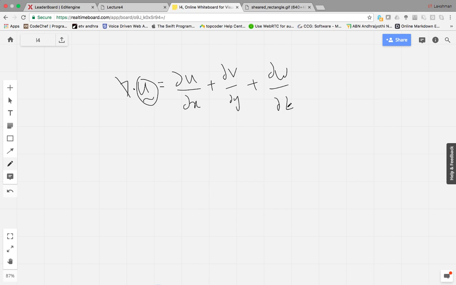You can apply divergence as del by del x i cap, del by del y j cap, del by del z k cap, and then u is ui vj wk, and then just take a dot product and you will get this. This is the mathematical definition.